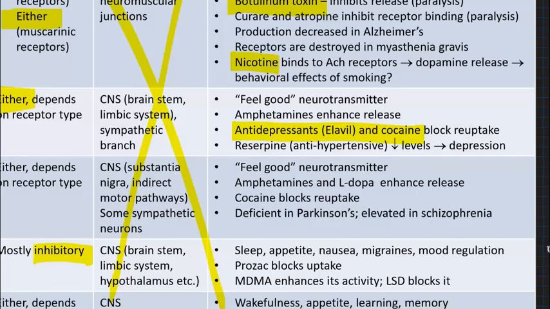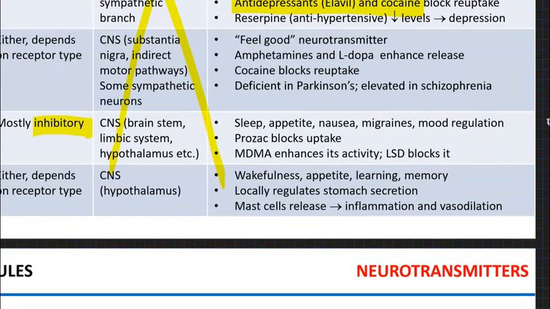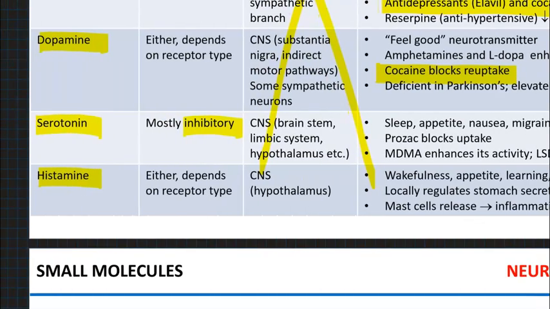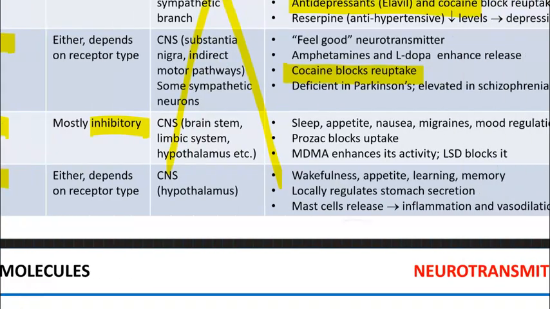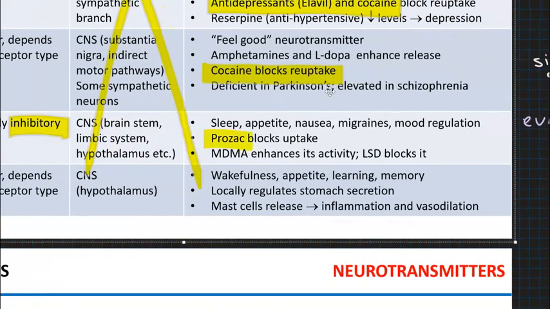Because norepinephrine, instead of being taken into a presynaptic neuron, stays in the cleft. Okay? Another example of cocaine messing around is that cocaine blocks the reuptake of a neurotransmitter dopamine, which is also a feel-good neurotransmitter.